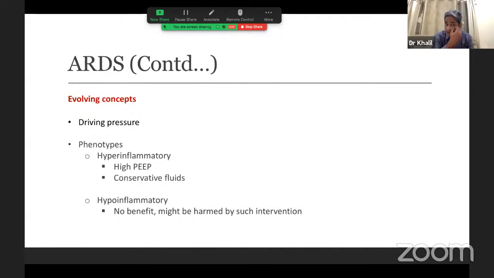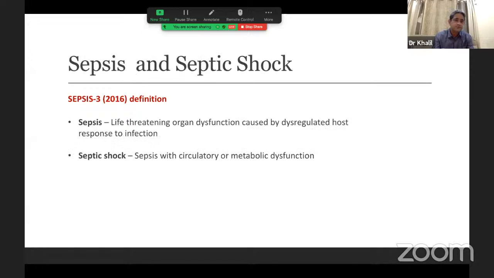So again, these are the evolving concepts in ARDS. So let's see what's going to be the management in the future when we take into consideration the different phenotypes. But as of now, two phenotypes with two different lines of management.